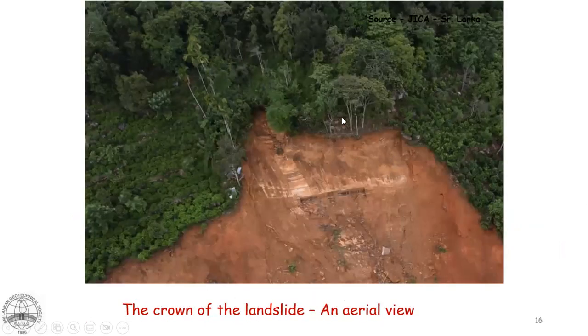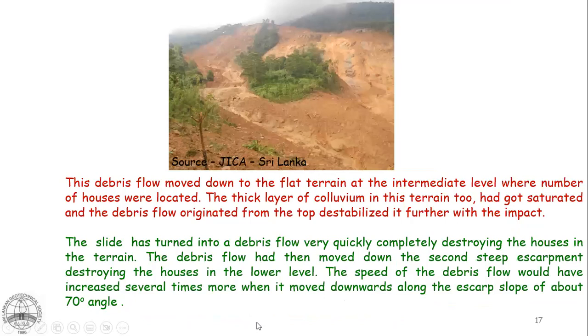And these are further close-up details of that. So there is forest cover in the adjacent areas, and the debris flow moved down to the flat terrain, and also at the intermediate levels there were a number of houses destroyed. Now this area remained intact.